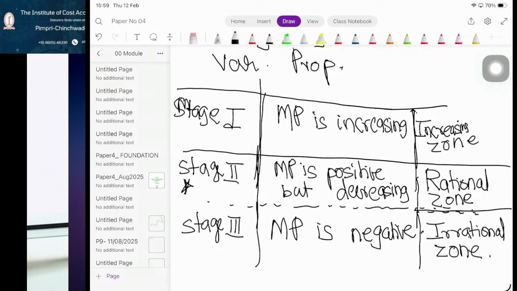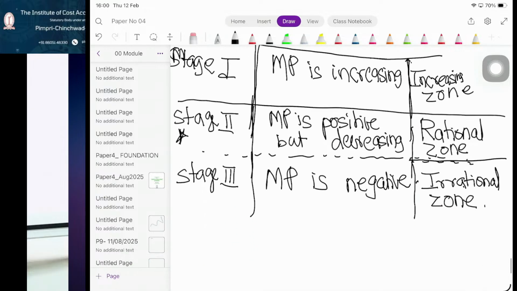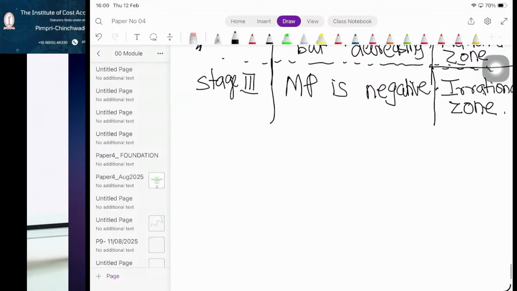Okay, so that completes our law of variable proportions, and I will just draw once more the diagram of marginal product and total product, and then we will stop for this lecture.